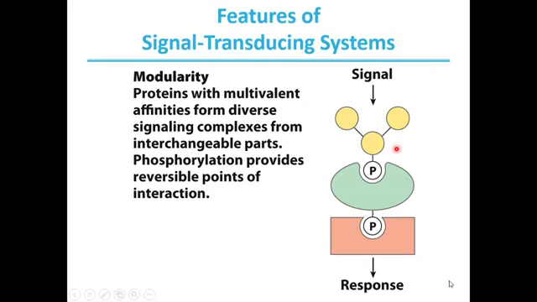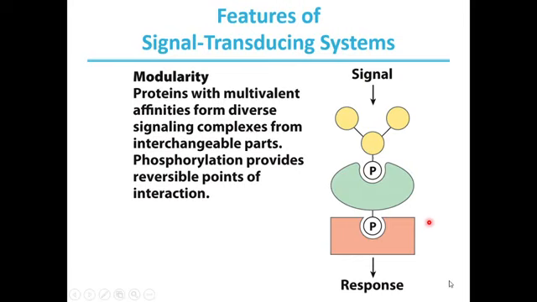Now, this modularity allows a cell to mix and match a set of signaling molecules to create a wide variety of multi-enzyme complexes. And as shown here, there are multiple proteins, and these proteins can be enzymes, and hence multi-enzyme complexes.